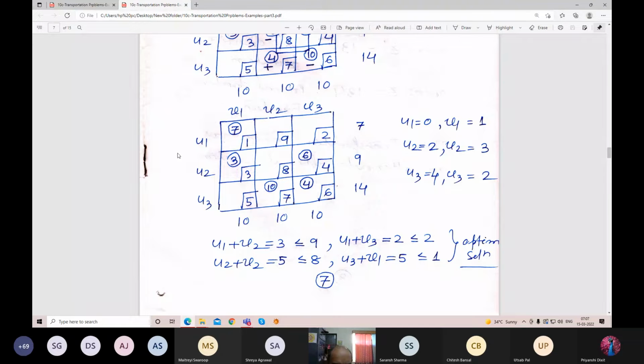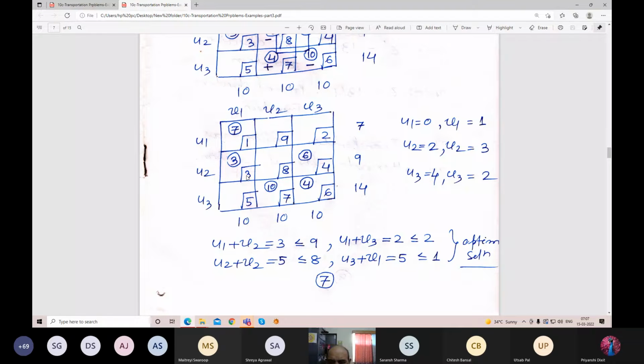See here. U1 plus B1 equals 1. You can see here 1. So if I set U1 equal to 0, then B1 equals 1. Okay, this is done. Then similarly, we have here U2 plus B1 equals 3.